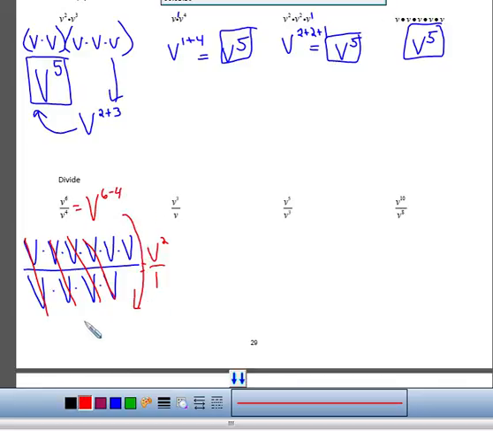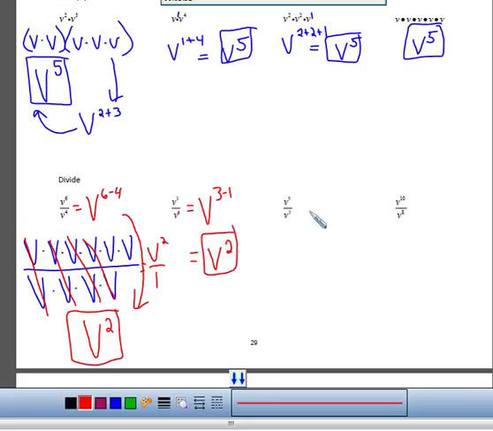Alright, so the next one, v to the 3rd over v, that's really v to the 1st power. That's the same as v to the 3 minus 1, which is equal to v squared. Next one, v to the 5th over v to the 3rd. Same thing. Take the exponents.